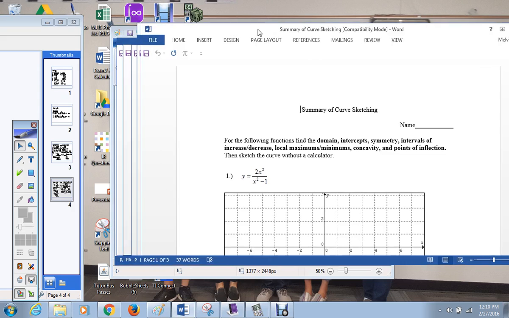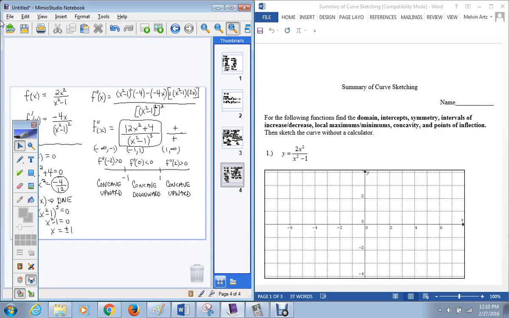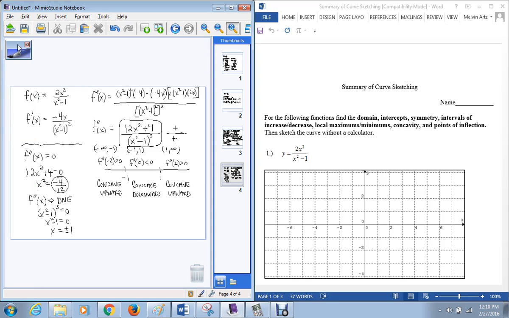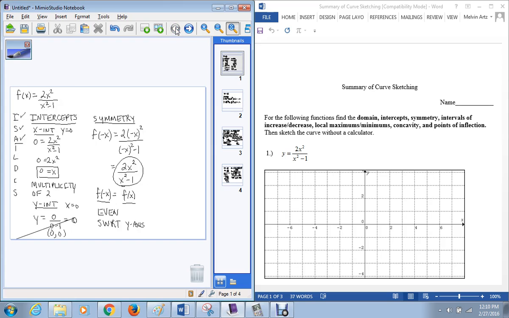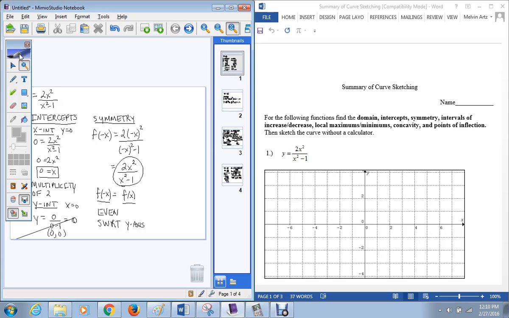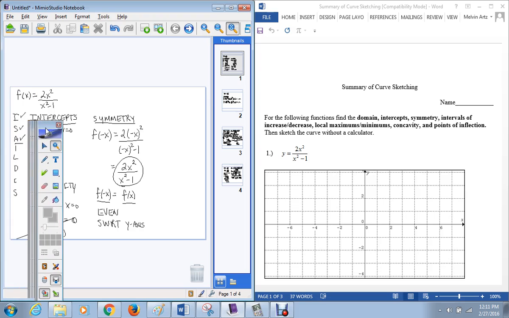So let's see if we can get a split screen here so we can go back over our tests. So now we're going to try to graph our function using these tests that we've just found. So let's go back. I like to graph my intercepts first. So we have our, let's move this down. See if we can move this out of the way here.